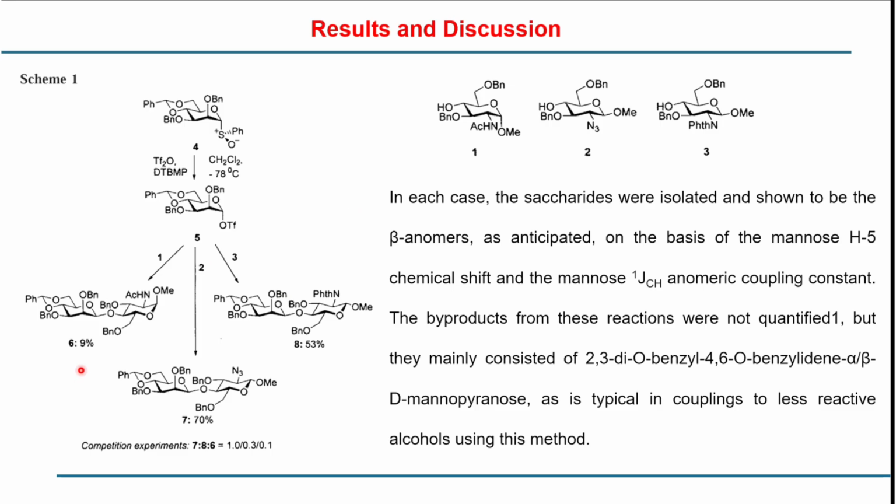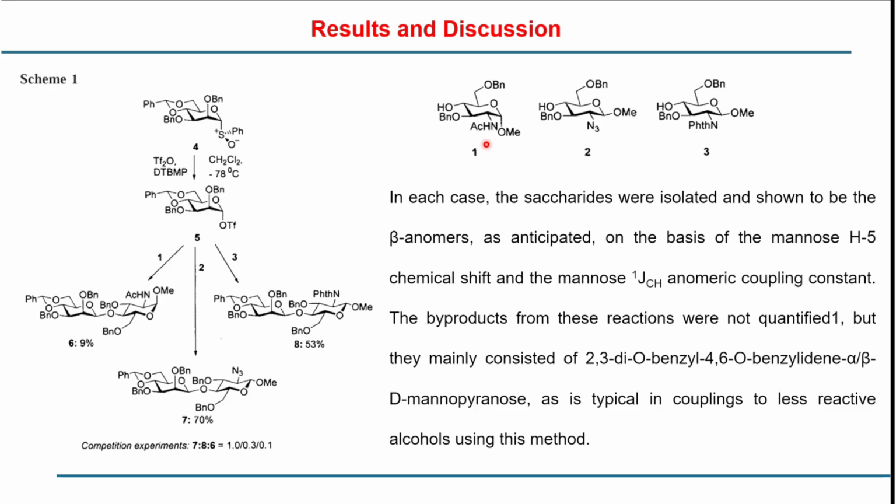With acceptor 1, they got a yield of 9%, with the azide 2 they got a yield of 70%, and with acceptor 3, with the phthalimido group, they got 58% yield. From this observation, we can see that the first acceptor, the N-acetyl one, is the least reactive.